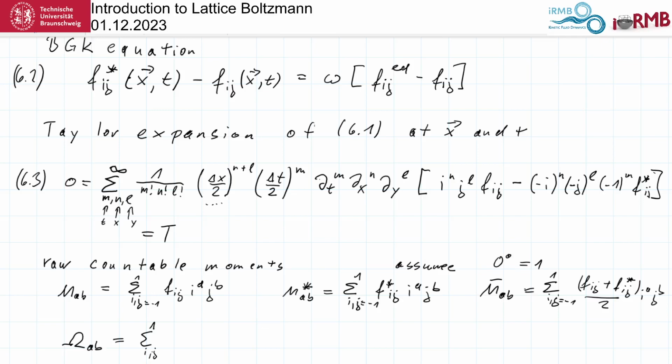The difference between the two is supposed to be a minus, it's not visible. This is post-collision minus pre-collision, so the change that happens during collision. And this we call omega.